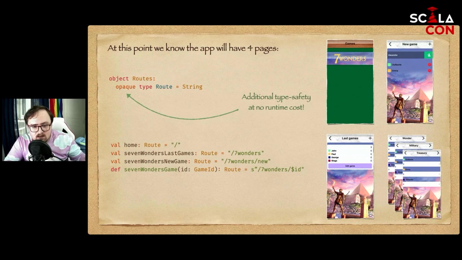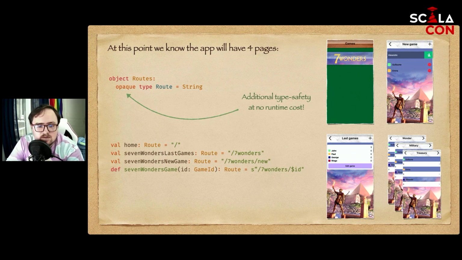So the idea is that inside this route module, or this route object, the type Route is seen as a regular string. But outside of this module, String and Route are treated as incompatible types by the compiler.